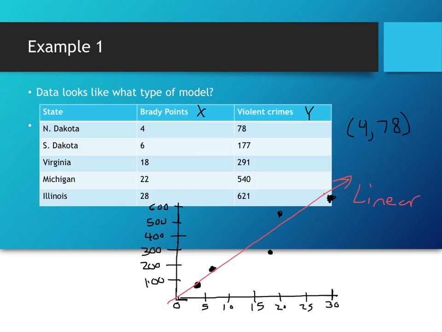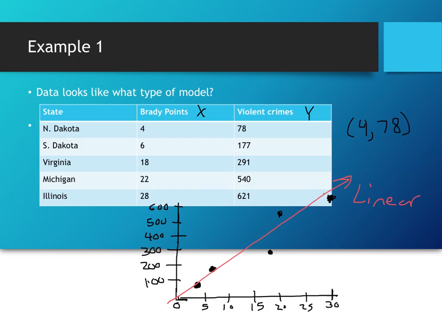So if you were actually doing this, if you had the software, you would say to use linear regression. You'd go into the stats, and you'd plug in your 4, 6, 18, 22, and 28 into your x values, and then you'd plug in your y values as what you see there.